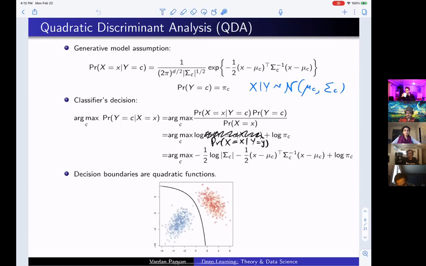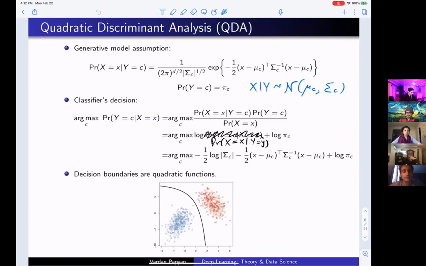So here you can see, for example, two classes, each is roughly multivariate normal distributed. And we saw how the classifier that just picks the class which is most likely given the sample reduces to a decision boundary which is quadratic.